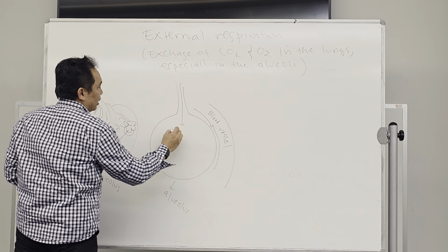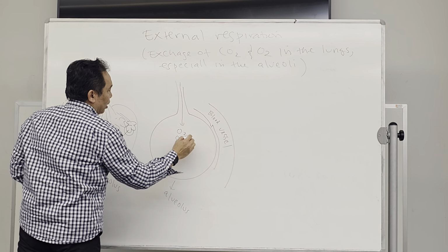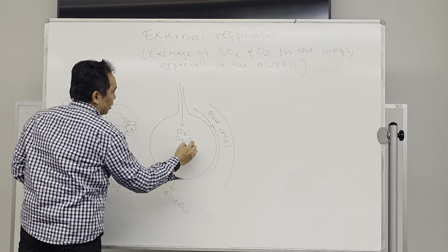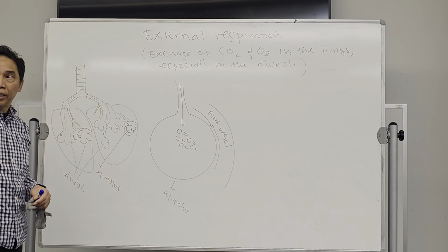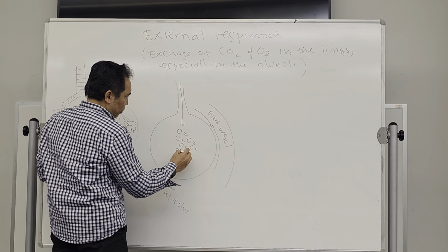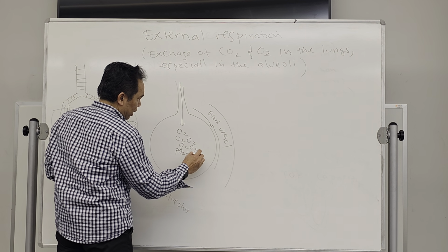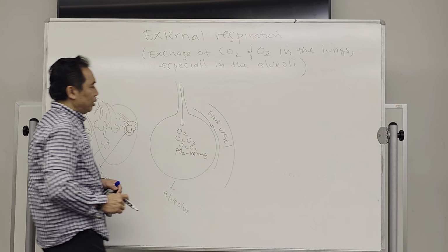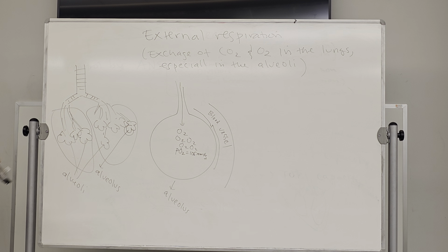This is inhalation, then there's going to be a lot of oxygen over here. Okay, so the oxygen pressure in the alveoli is about PO2 105 millimeters of mercury, the partial pressure of oxygen in the alveolar sac.